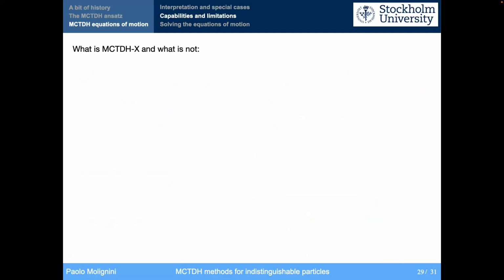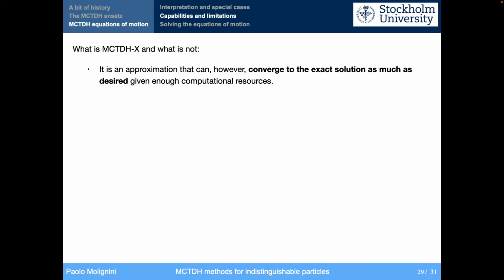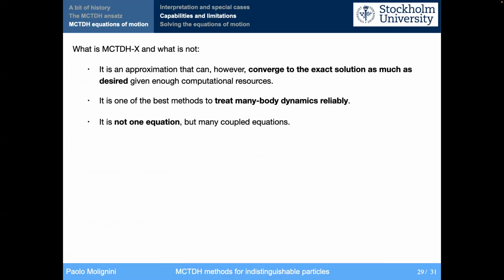Just a quick summary now of what MCTDH-X is and what it is not. It is an approximation, so we always have to remember that it's an approximate method. However, it can converge to the exact solution as much as desired, given enough orbitals. It is one of the best methods to treat many-body dynamics reliably. It is not one equation, it's many equations combined.